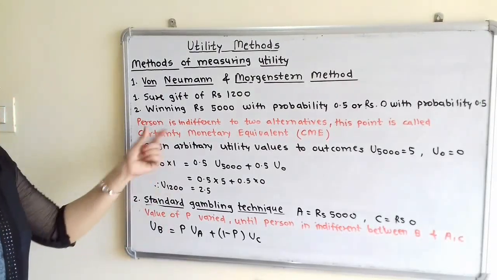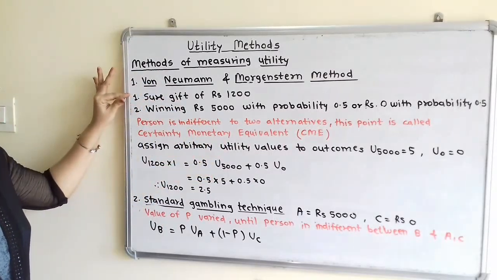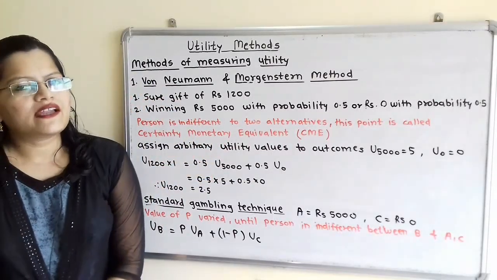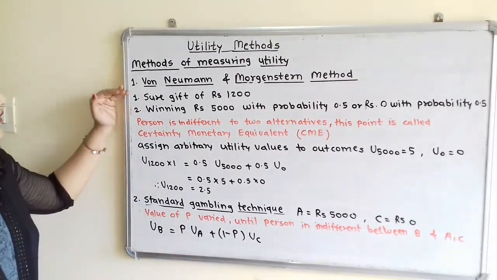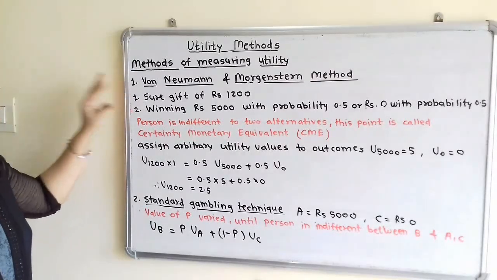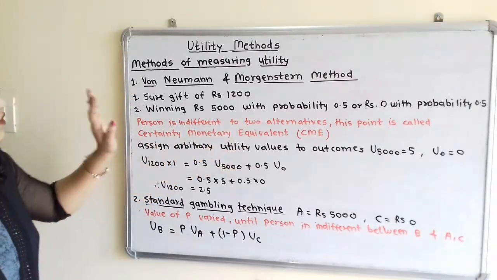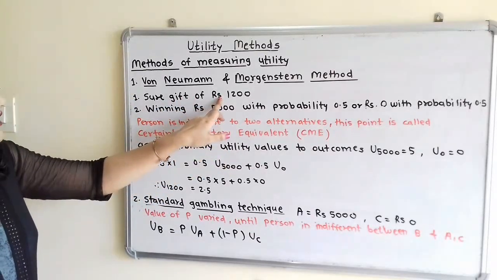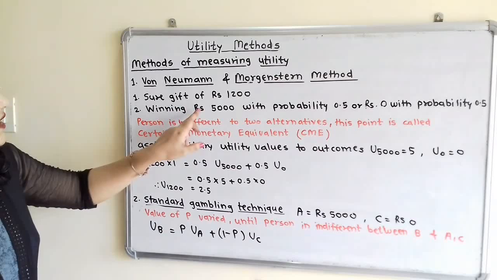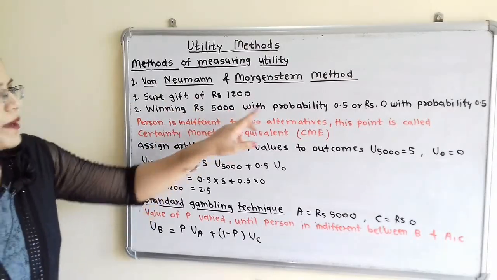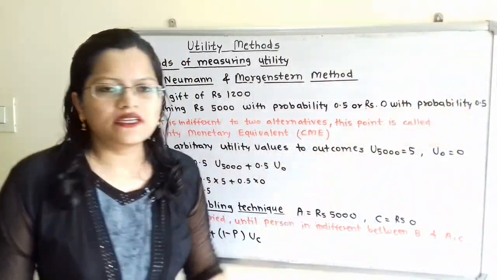Then because this point is certainty monetary equivalent, because the person is indifferent to these two alternatives, we can write an equation in terms of utility. For him these two alternatives are the same. He is indifferent, so we can write the utility of rupees 1200 with probability 1 is equal to the utility of 5000 with probability 0.5 plus the utility of rupees 0 with probability 0.5.